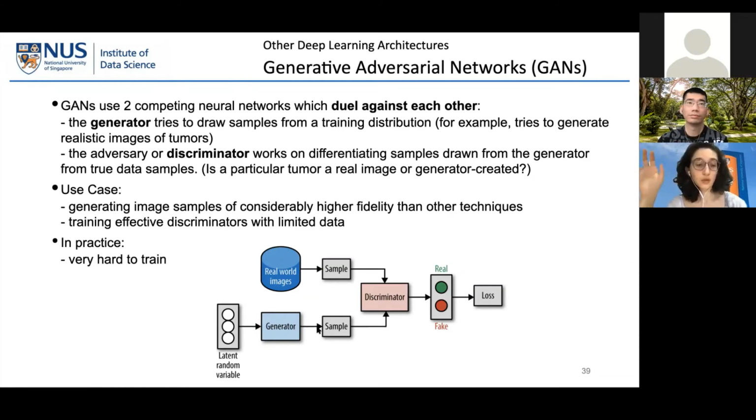So the first iterations will look super bad. And the discriminator at the beginning will find it super easy to discriminate between a real-world image and a generated image. So you really need to find a good trade-off between the learning of the discriminator and the generator, and that's super hard in practice.